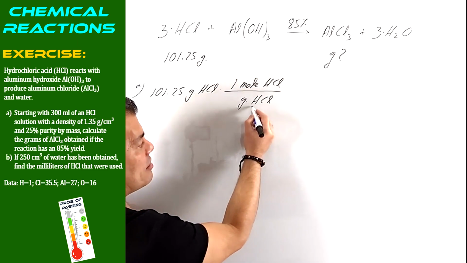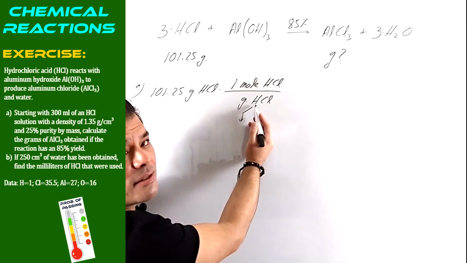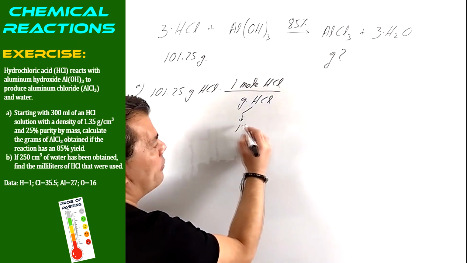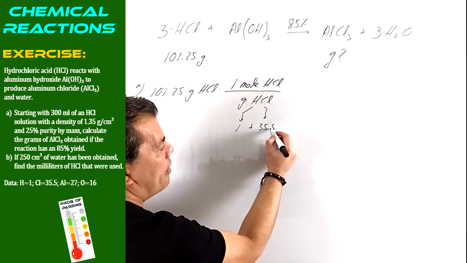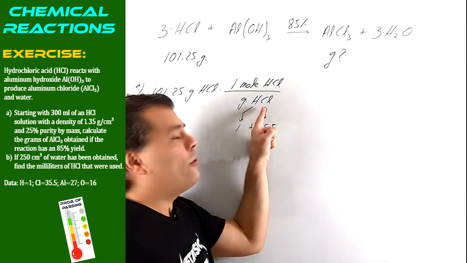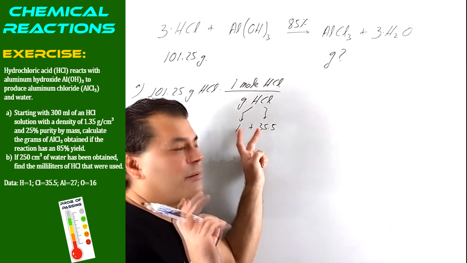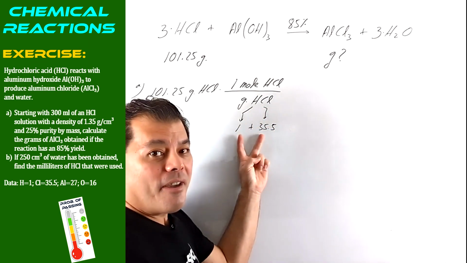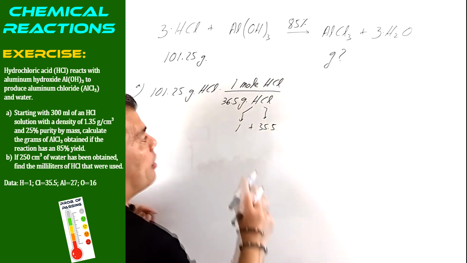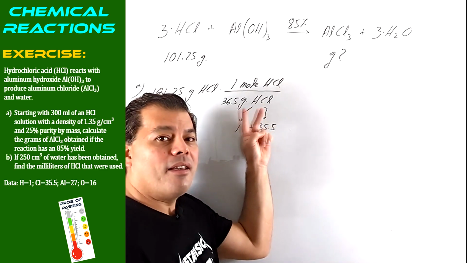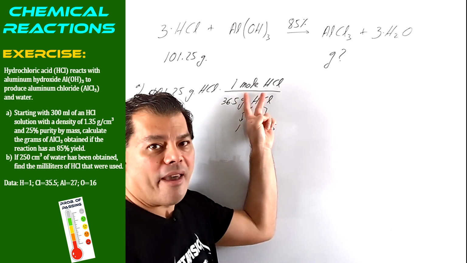And now it's time to add the atomic masses of these atoms. 1 for hydrogen and 35.5 for chlorine. You can read this data in the statement. 1 plus 35.5 is 36.5 grams of hydrogen chloride is 1 mole of hydrogen chloride.